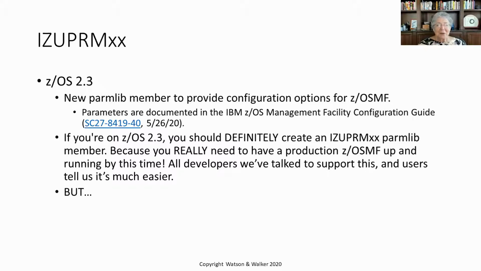And so what they did was they created a parmlib member where you could put some of those parameters. So if you're on 2.3, we had said that you ought to create this parmlib member because it's easier. All the developers liked it.